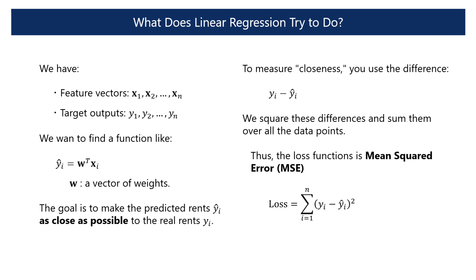To measure closeness, you use the difference. We can square these differences and sum them over all the data points. Thus, the loss function can be defined in this way. This is called the mean squared error.